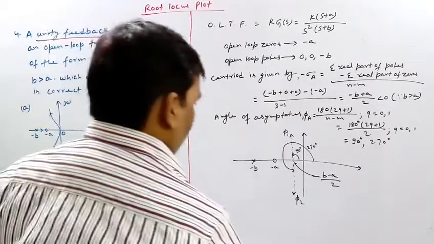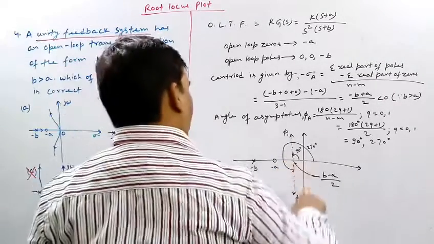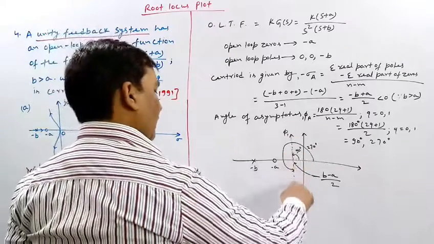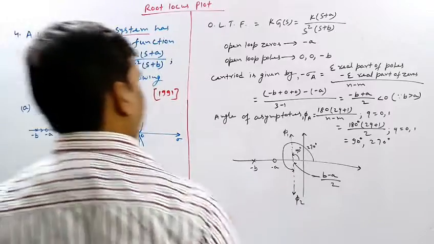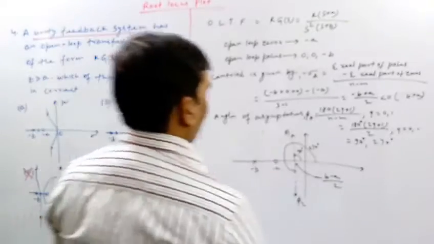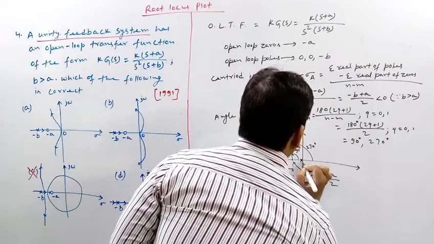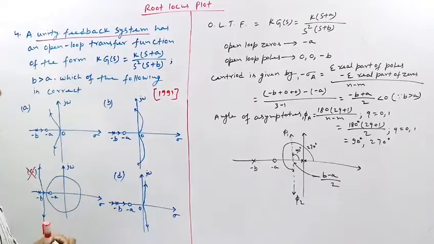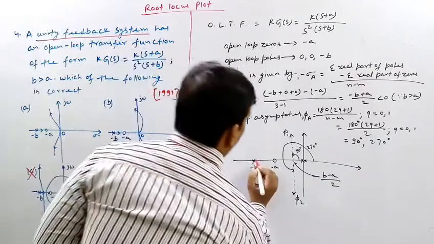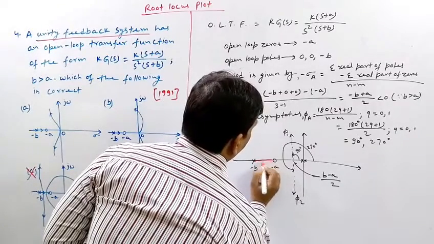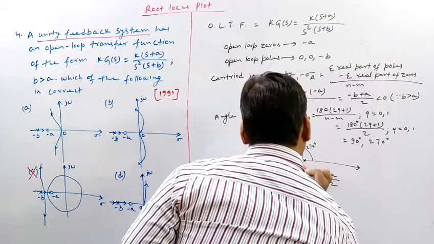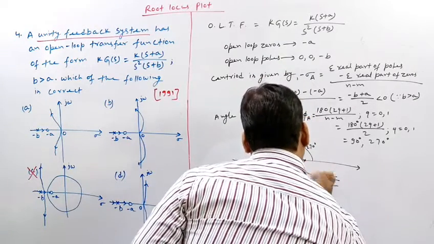So there will be 2 asymptotes, phi 1 at 90 degrees and phi 2 at 270 degrees, and there are 2 poles at the origin. So the root locus will be one part from here to here, and another part will be like this.